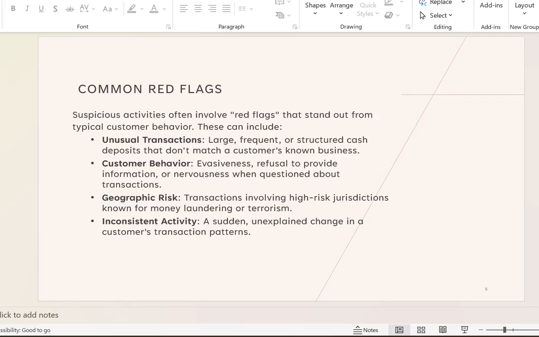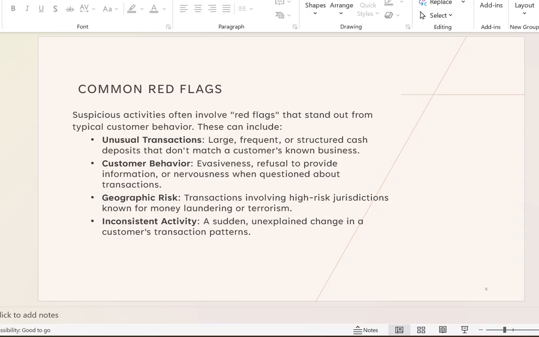The customer behavior or pattern may change or deviate from the inputs we took at account opening, and such transaction red flags will be raised by the system. For example, unusual transactions: large, frequent, unstructured cash deposits that don't match the customer's known business, activity, or income level.